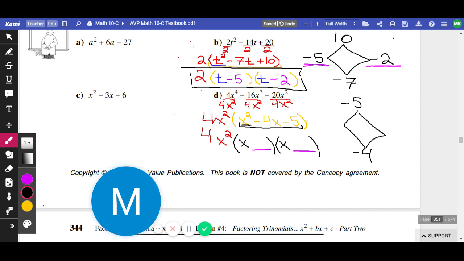The sides have to multiply to be the top, add to be the bottom. It would be -5, +1. Right? Those would multiply to be -5, add to be -4. -5, +1. There's your solution.